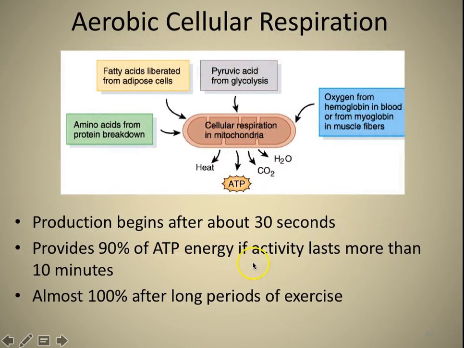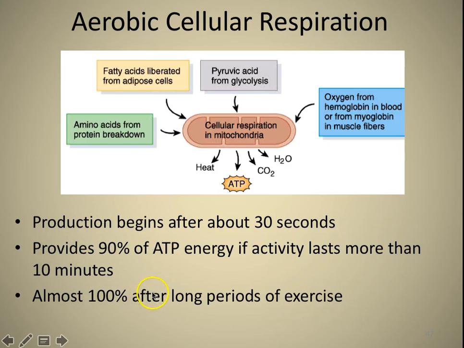And then if you have any kind of activity that's going on for long periods of time, you can see here the production of ATP using aerobic cellular respiration starts after 30 seconds. So it starts in there fairly quick. And this is not to say that all the other ones aren't going on in the background at the same time. But basically your body will shift to predominantly aerobic cellular respiration if that activity lasts for more than 10 minutes.